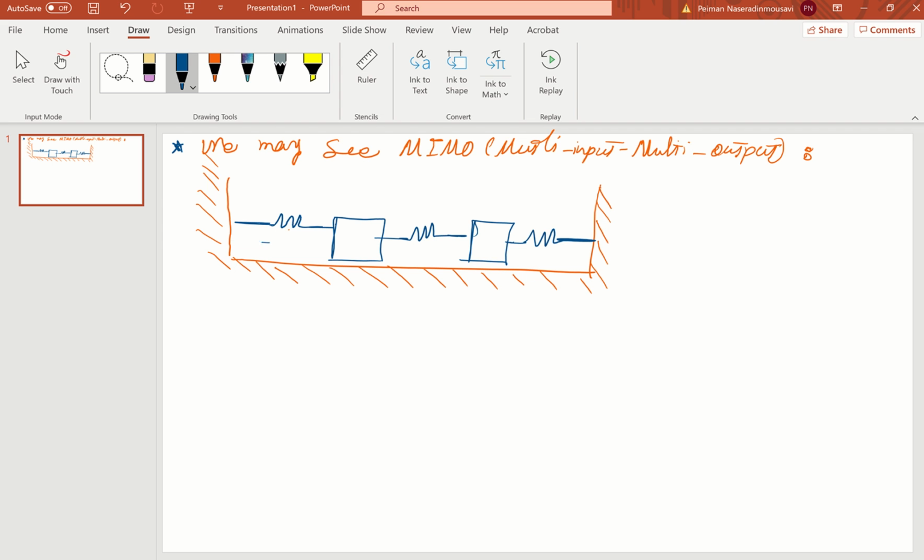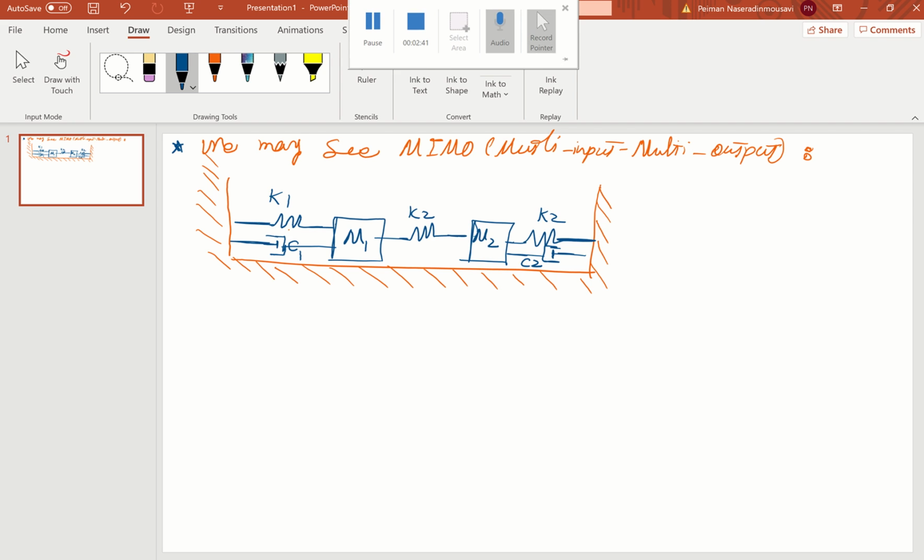And suppose you also have a damper here and a damper also here, right? So I'm naming it K1, C1, M1, mass 1, K2, M2, mass 2, K3, and C2.